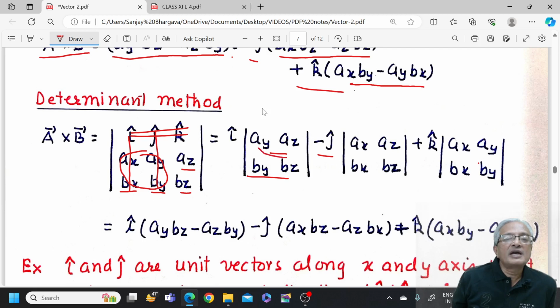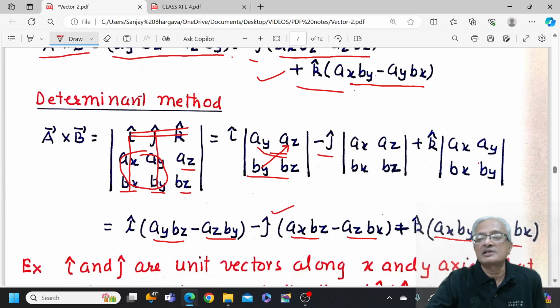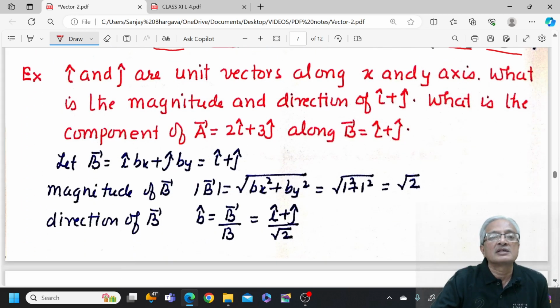So Ay Bz positive minus By Az negative. So Ay Bz minus Az By, minus Ax Bz minus Az Bx, plus k Ax By minus Ay Bx. So you have the same expressions at both places. These are the two different ways by which you can express the vector product in terms of Cartesian coordinates.